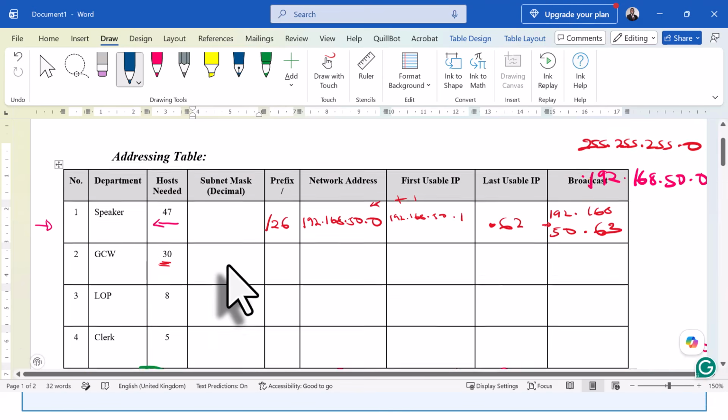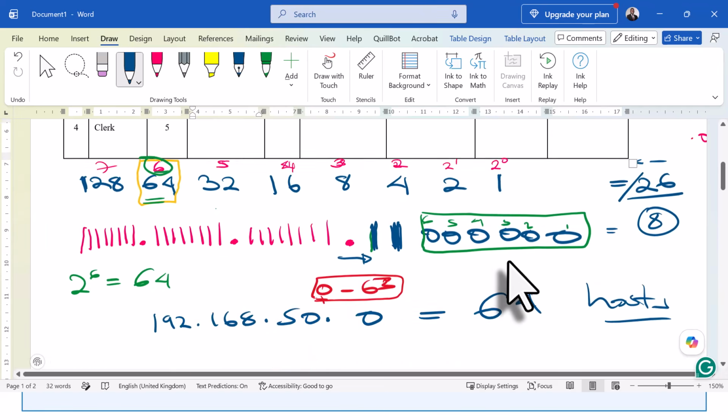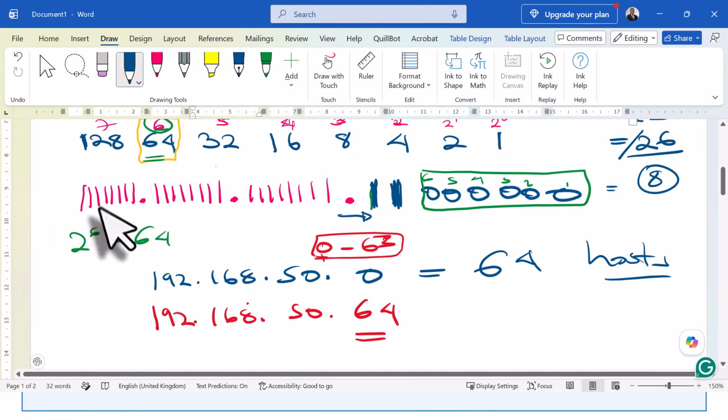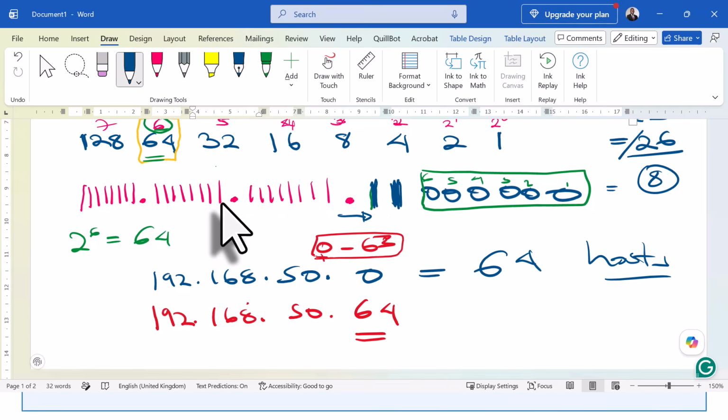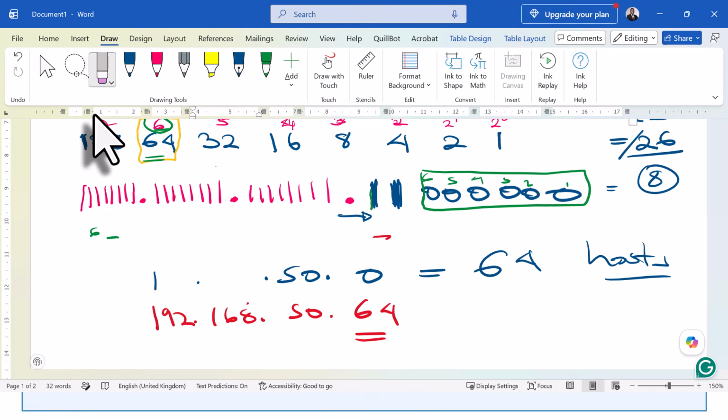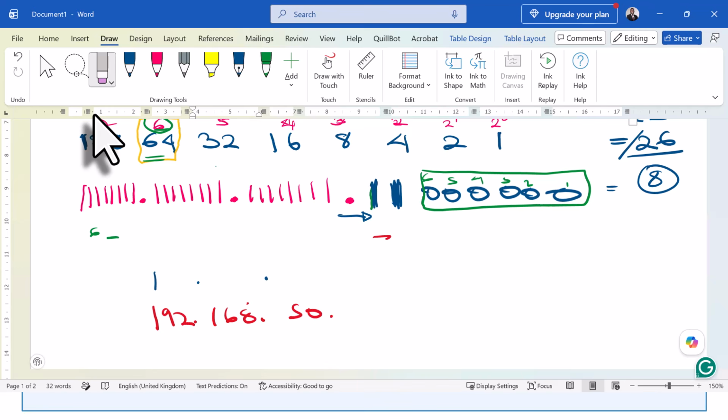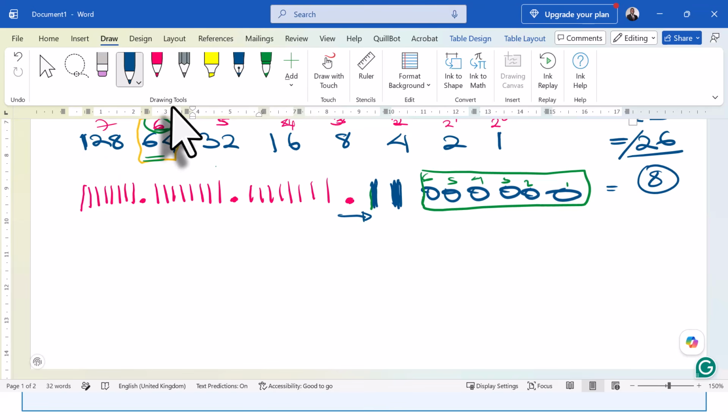Oh wait, I didn't complete the subnet mask here. To complete the subnet mask, it is very simple. We just convert this into decimal. Initially, it was 255.255.255.0, but now we have 2 new network bits added onto them, right?